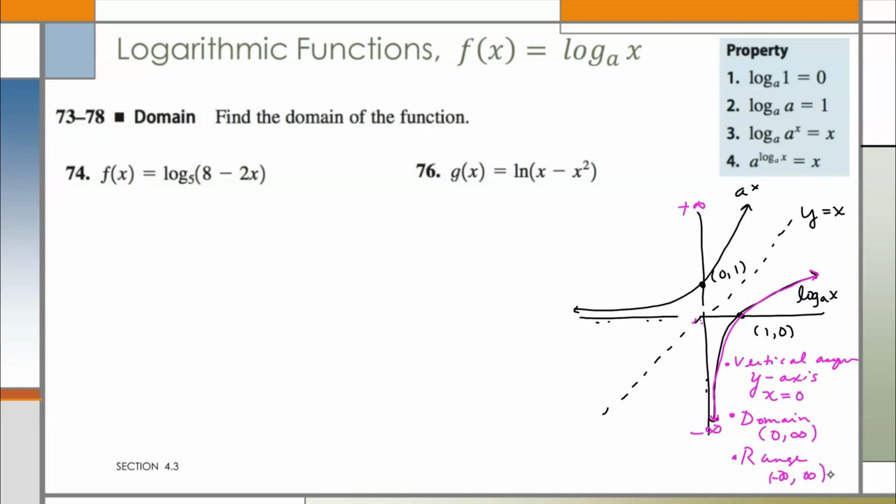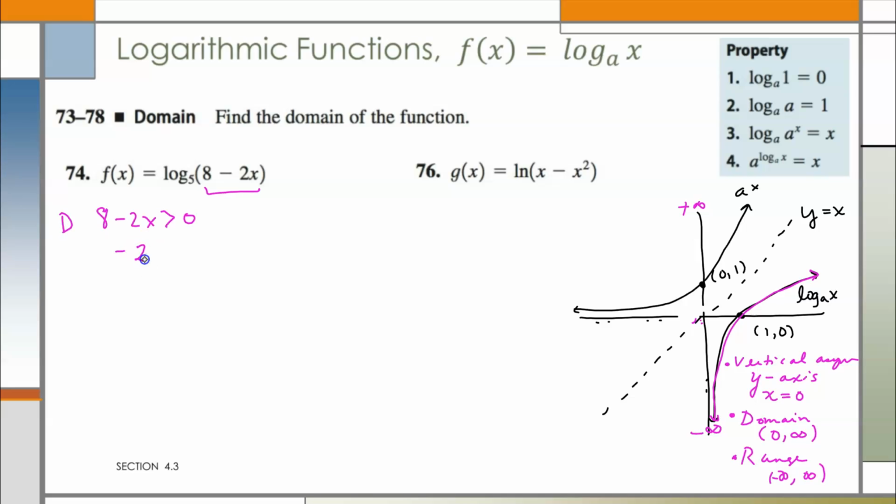In our two problems that we're working here, we're looking for the domain of the function. For any logarithmic function, the domain is always whatever we're taking the logarithm of, set greater than 0, and there's your domain.